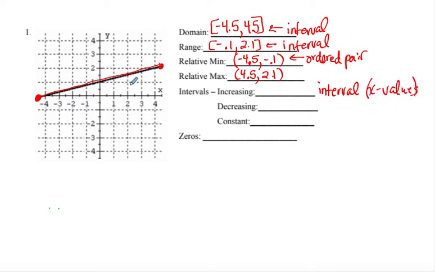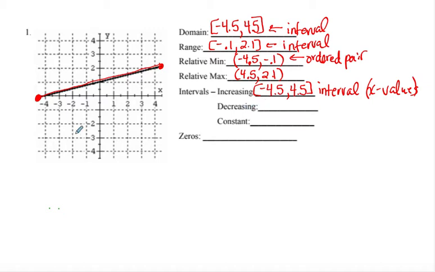So the x values where it's increasing would be from -4.5 to 4.5. There's some books that do include -4.5 and 4.5 in the increasing and decreasing. There's some books that wouldn't, so you can either put brackets or parentheses here, it doesn't matter. For this purpose, I'm going to just put brackets.